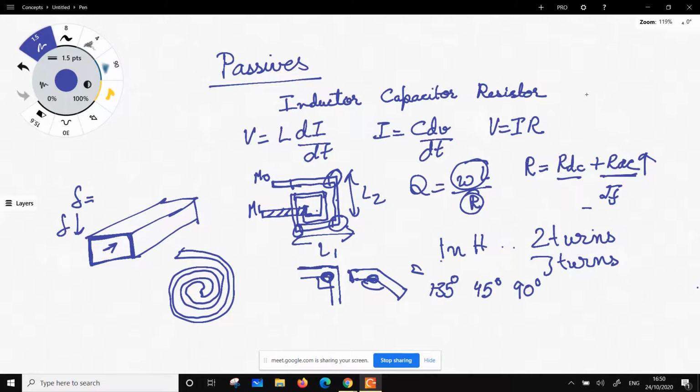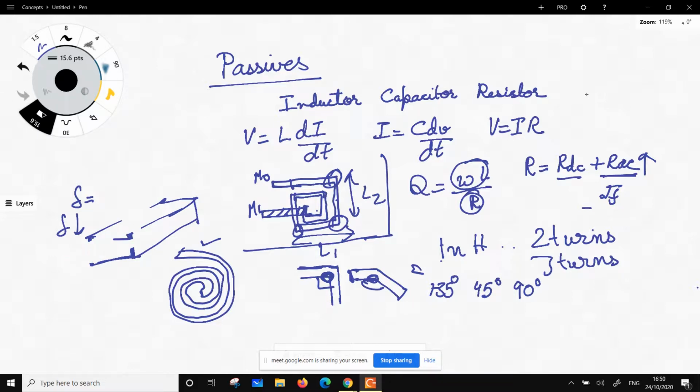If you make any angle other than this, it is not acceptable to the fab. In that case, only a few of these processes allow you this spiral inductor. Mostly the good idea is to just stick with a square inductor. So that's the takeaway from this, that you stick to the square inductor.